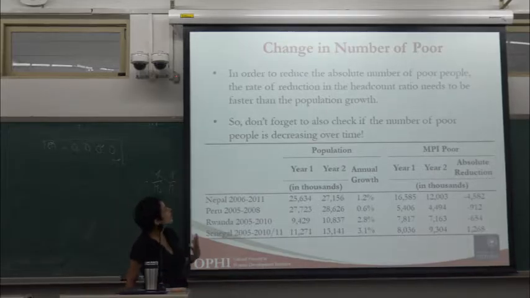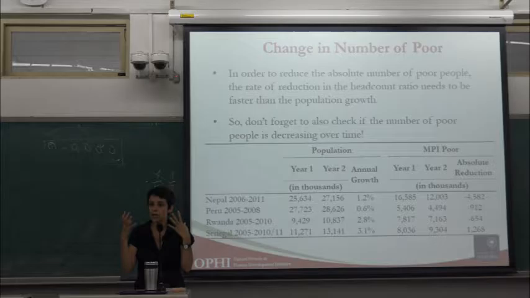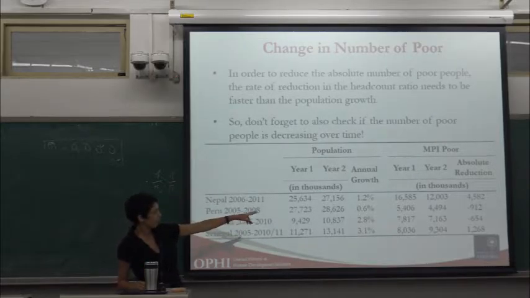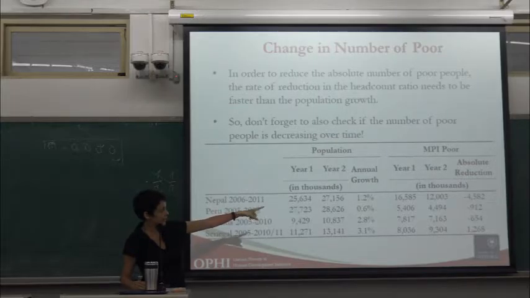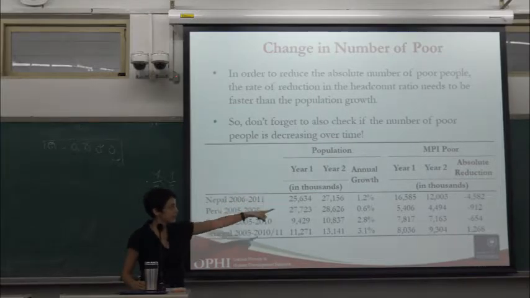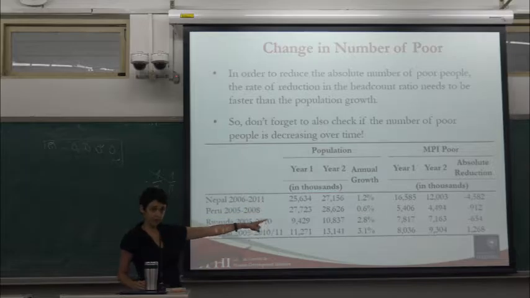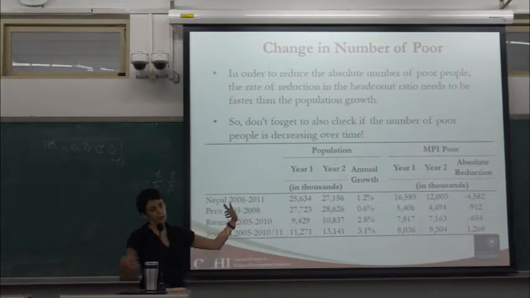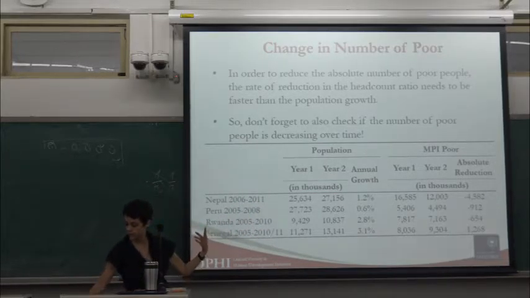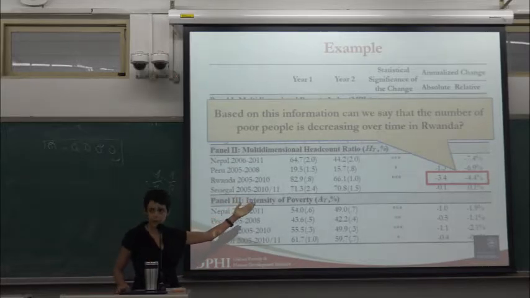So in order to make an assessment of the number of poor, you have to look at the population. Here we apply the population to the incidence, and we see the absolute reduction. You can see that in the case of Senegal, which actually didn't reduce poverty, the change was 0.